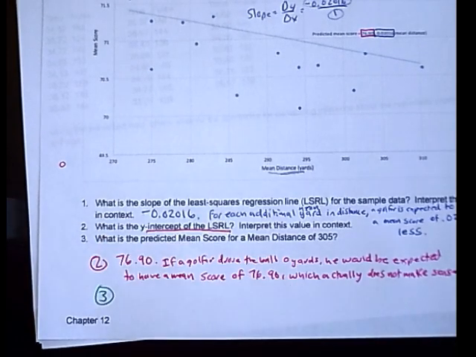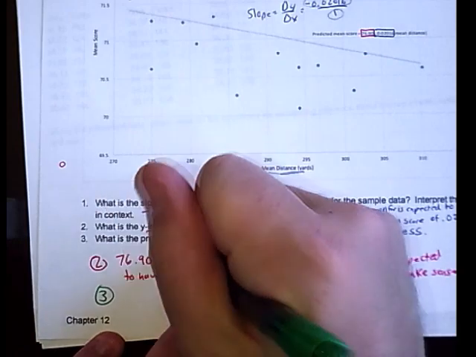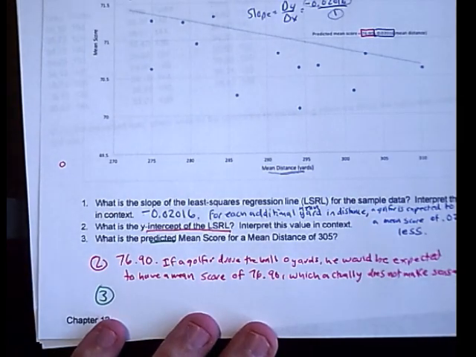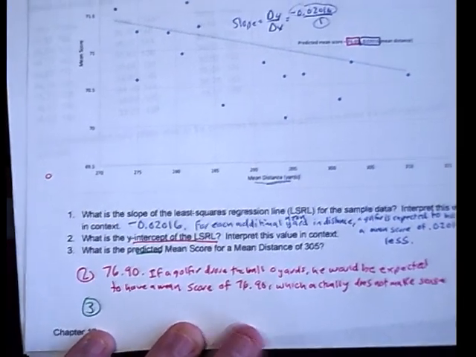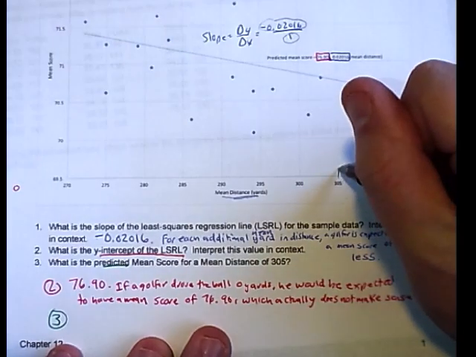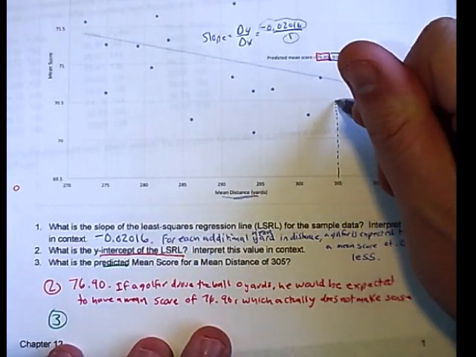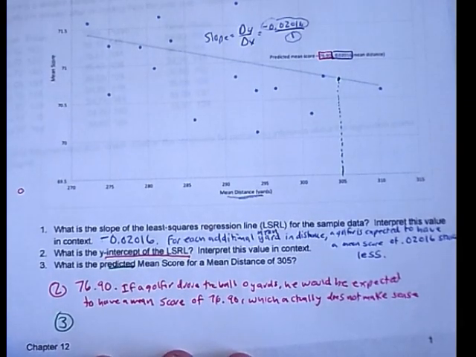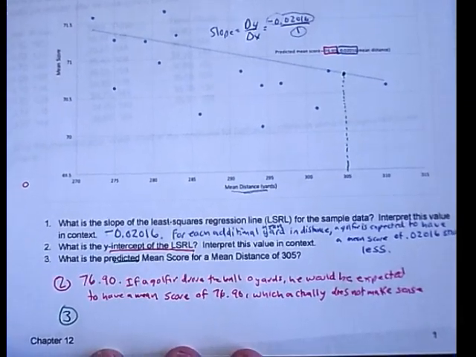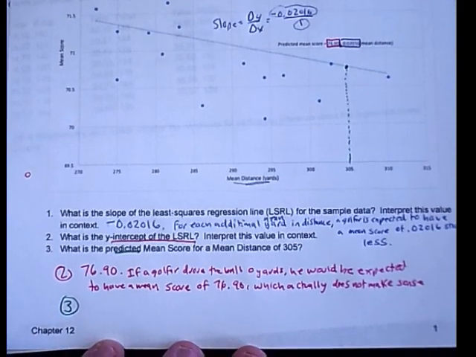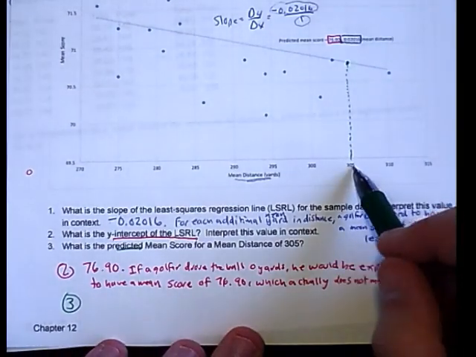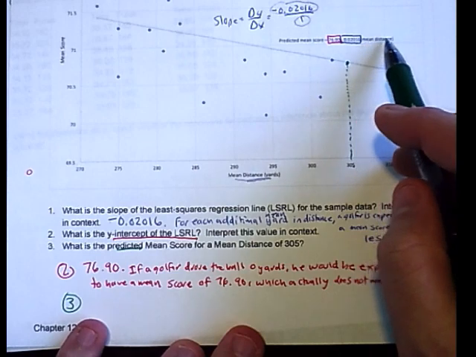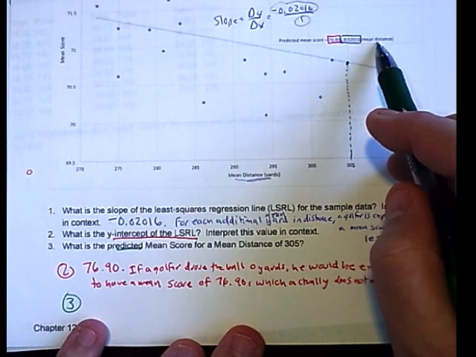It says, what is the predicted mean score for a mean distance of 305? So in other words, here's 305. That's a mean distance of 305. I want to know where it hits the line, or what the exact y value is where it hits the line. Okay, so all I have to do is plug 305 into the formula where it says mean distance.